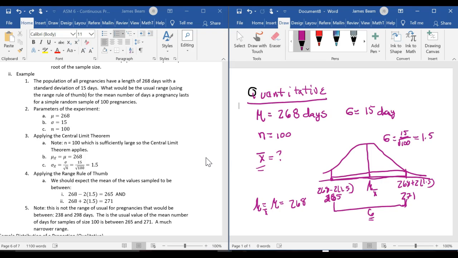Okay, so this is the power of statistics. The average baby, using 268 and 15, is going to be somewhere between 238 and 298. But the average of 100 babies is going to be between 265 and 271.